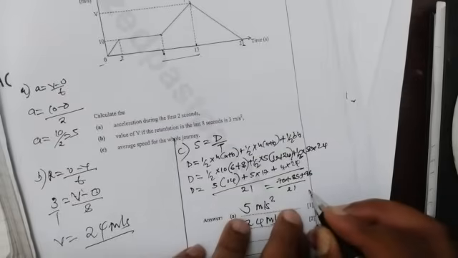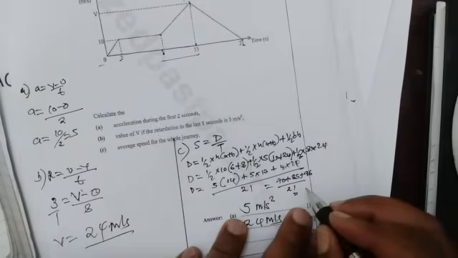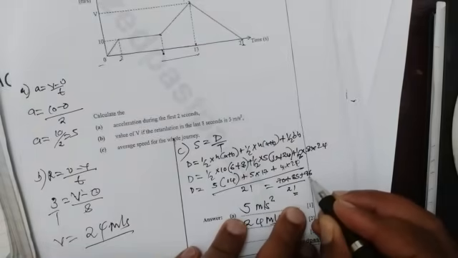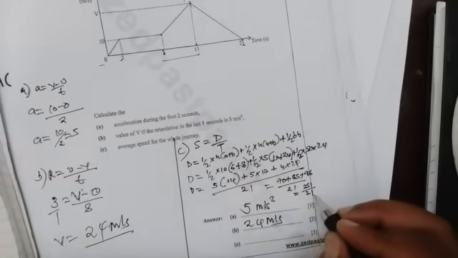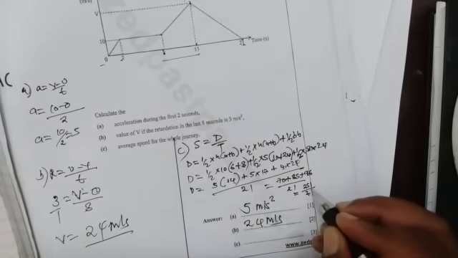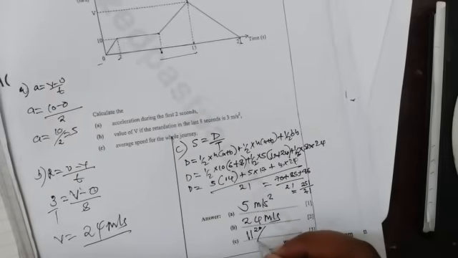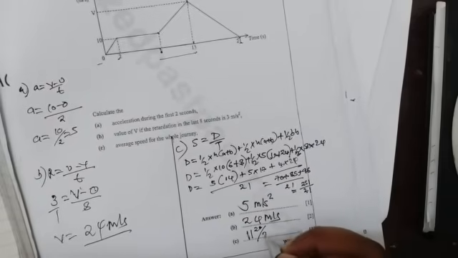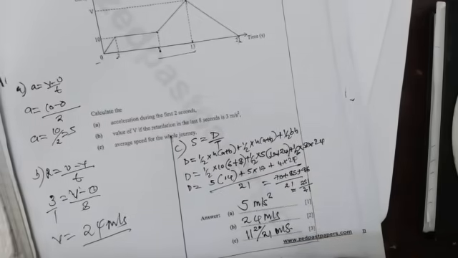So when you check here, that's why it's important to utilize the space there. When you add here, you get 251 over 21. Now, 21 into 251, you get 11. The remainder there is 20 over 21 meters per second. So this is your average speed.